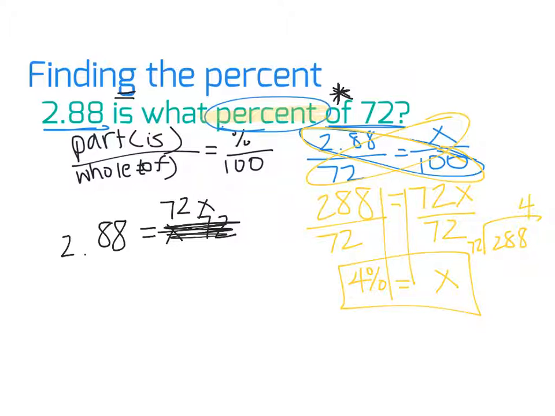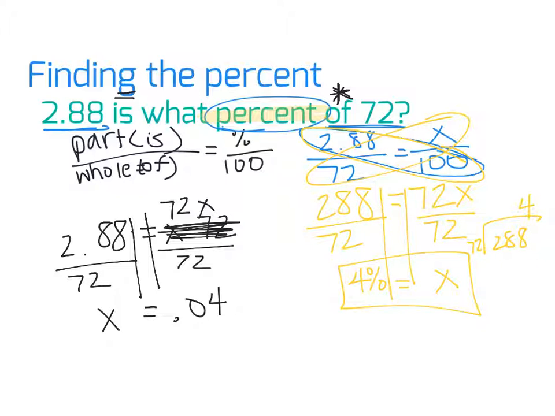But when you get your answer to this, so then when you divide both of these sides by 72, you're going to get x equals 0.04. So you have to remember to take this and turn it into a percent, because right now it's being given to you as a decimal.